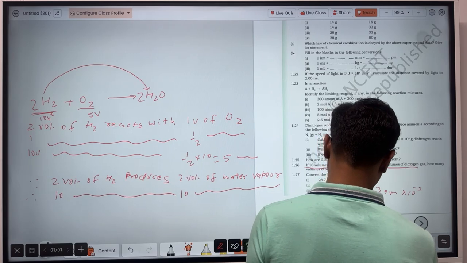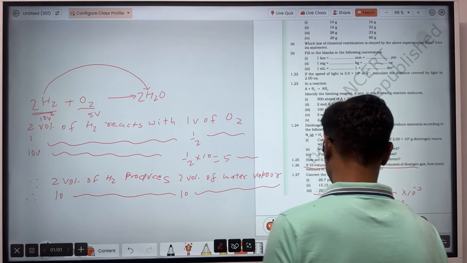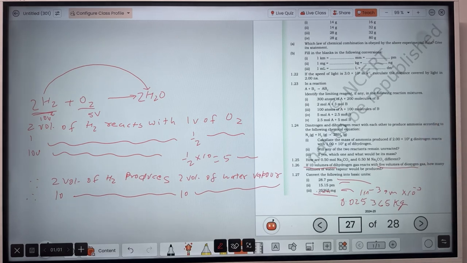So 0.025365, that much kg. The basic unit will be gram here, so that's why this much kg. Meter, so 10 power minus 12 meter.